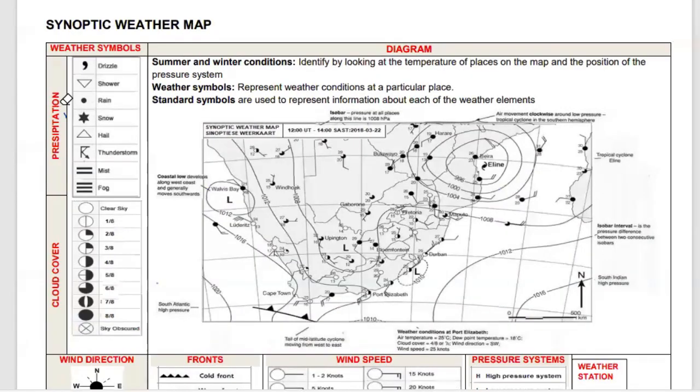To determine whether a map is a summer map or a winter map, we are told to check the temperatures of places, and also to check the position of the pressure systems. Right. If we check here on the extreme west part of our map, that is around Walvis Bay, we have a low pressure, which is indicated here.